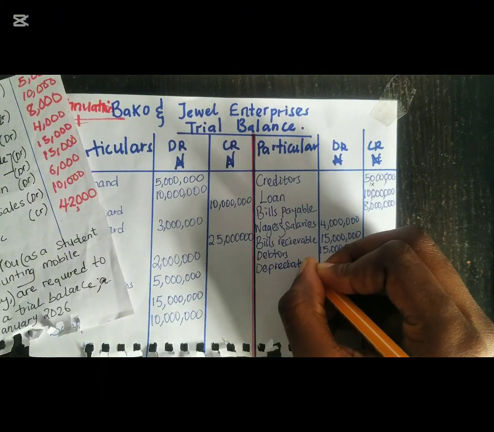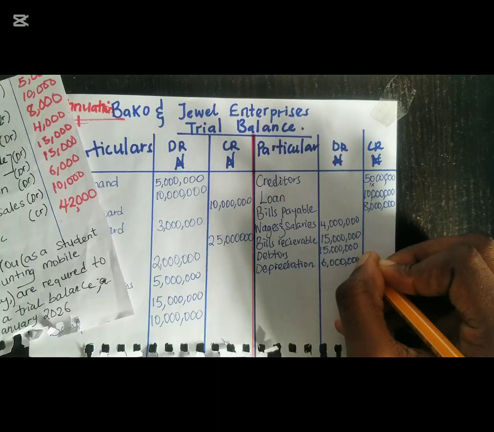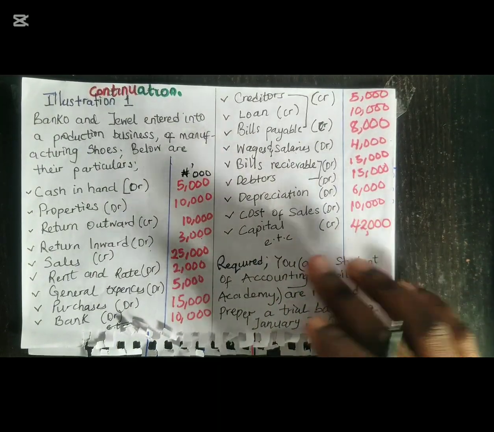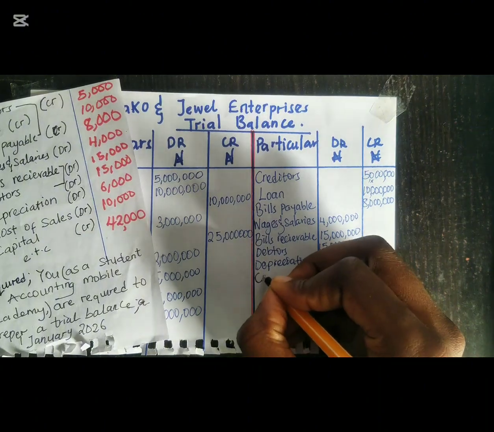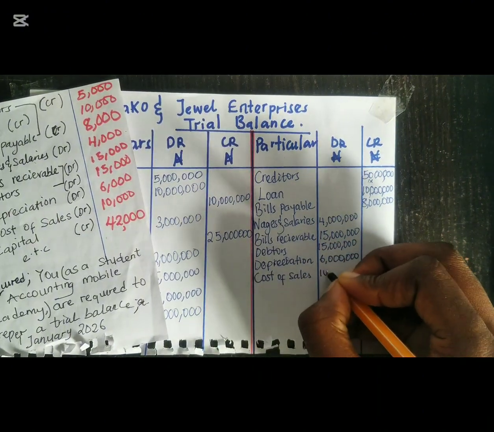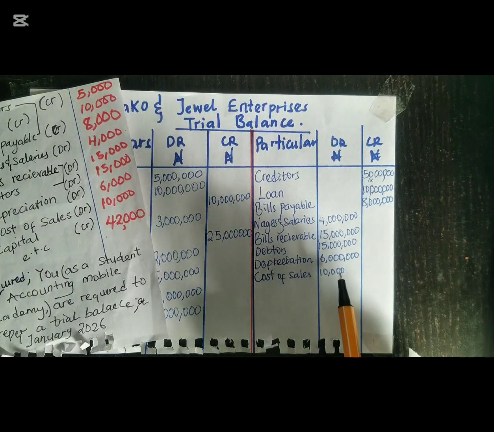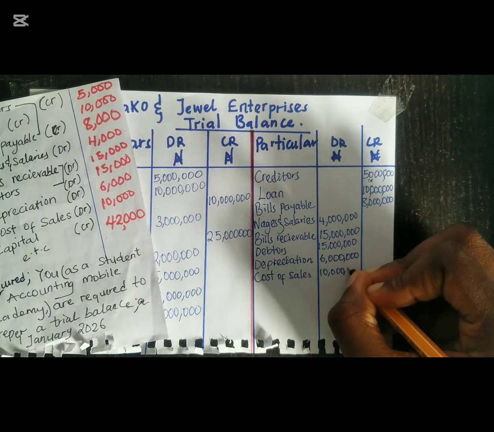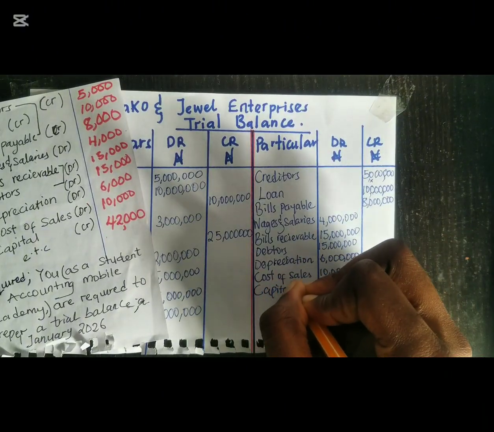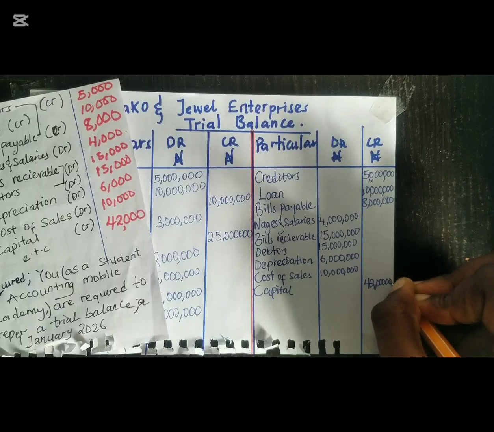Depreciation is 6 million naira. Cost of sales, 10 million naira. Capital, 42 million naira. So you can write cost of sales, 10 million. Cost of sales, is it debit or credit? It's debit, yes, 10 million naira. And capital is credit with 42 million naira.